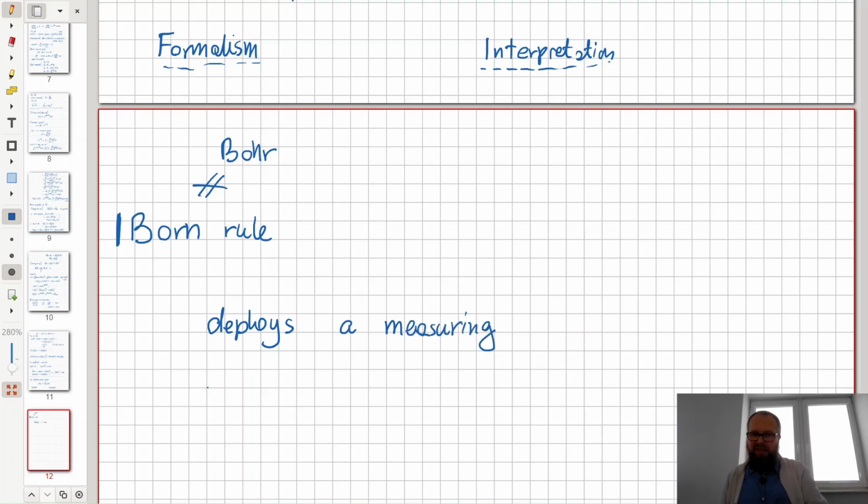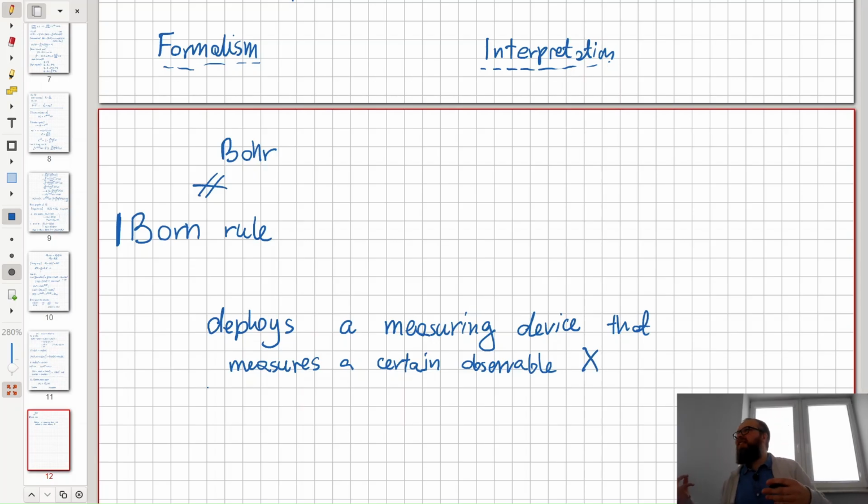The measuring device that measures a certain observable, and X, that's symbol X. Capital X, Y, Z, but also A, B, C, capital Latin letters I'll be using to denote observables.